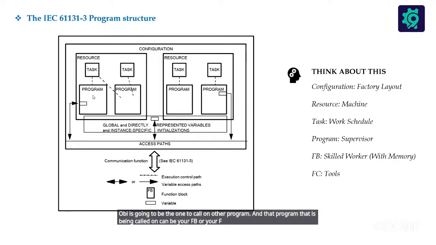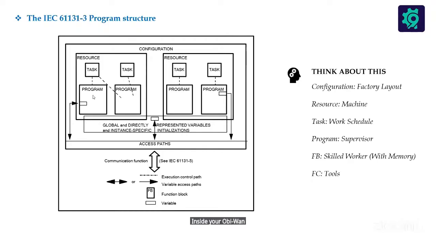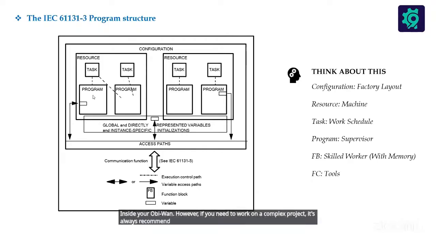That is when you write your program in a structured way. In some cases, especially when you are just doing a very small program, just to turn a light on and off, you can write all your program inside your OB1. However, if you need to work on a complex project, it is always recommended to structure it.